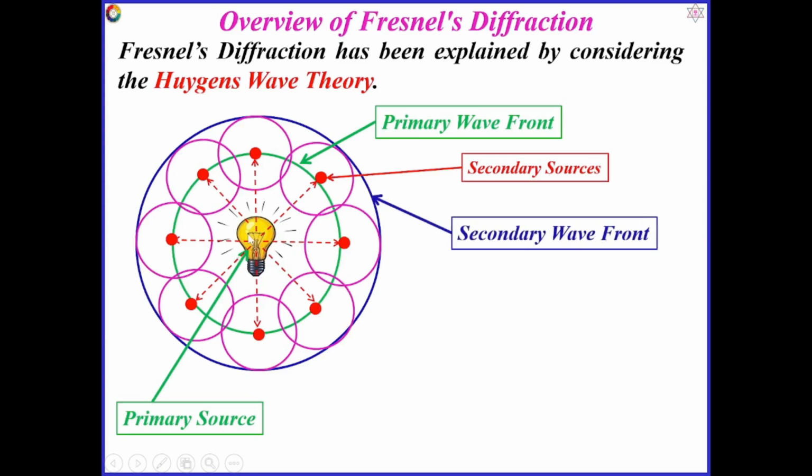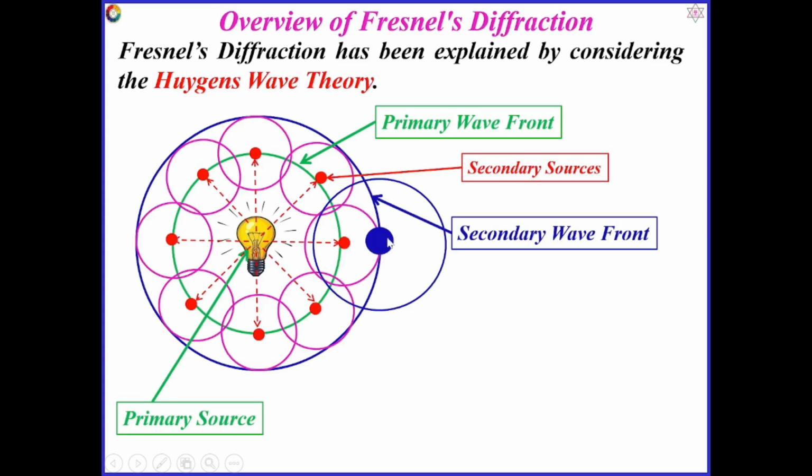Okay. Likewise, we can consider each and every point of this wave front as a tertiary source for this primary source. Okay, so this will be your tertiary source for this primary source.